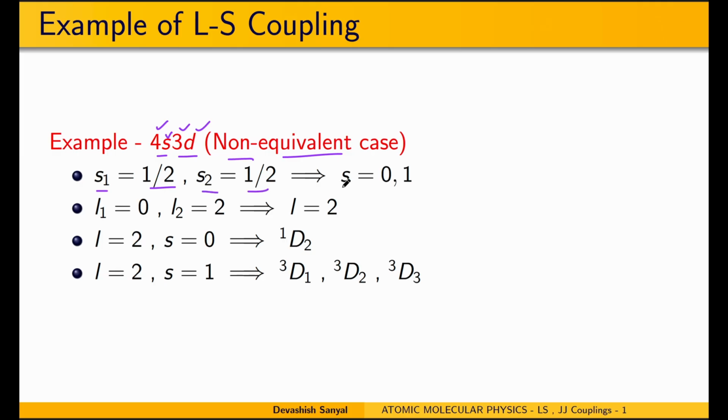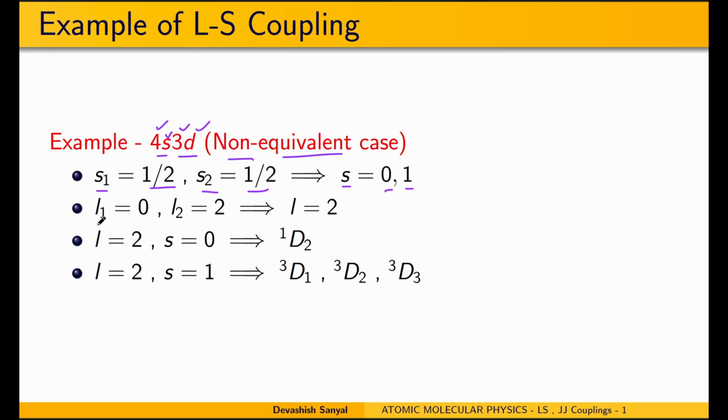So the total spin quantum number S can have the values 0 and 1, since the spin of one electron and the spin of the second electron combine to give total spin quantum number 0 and 1.